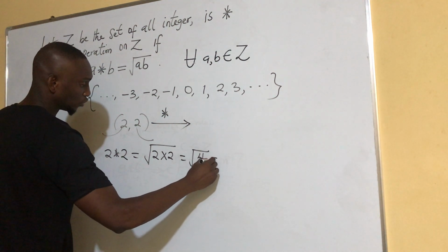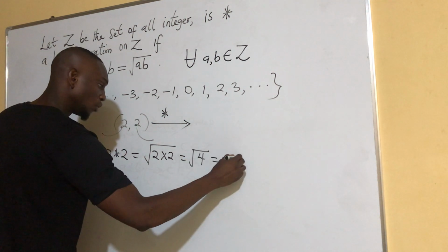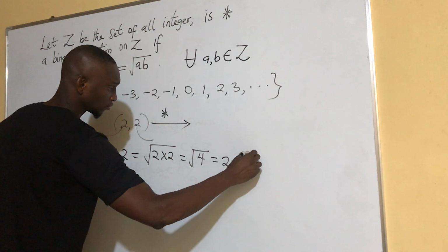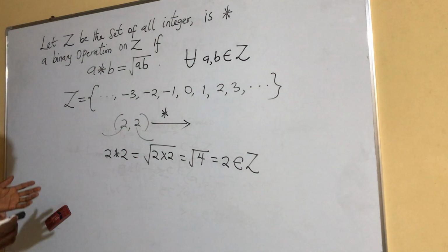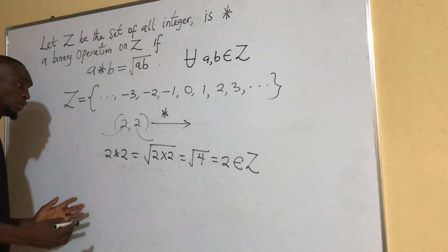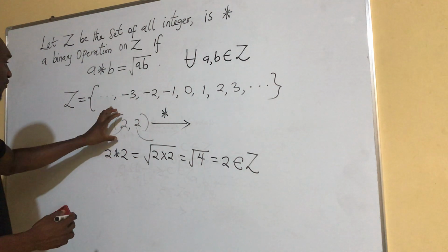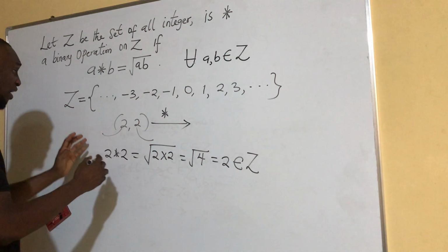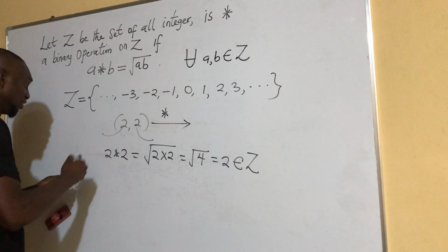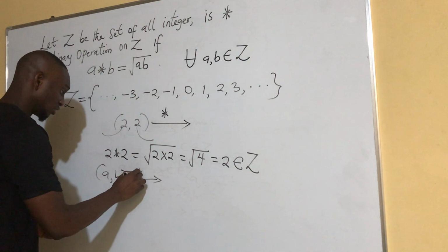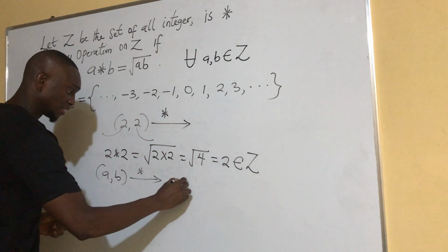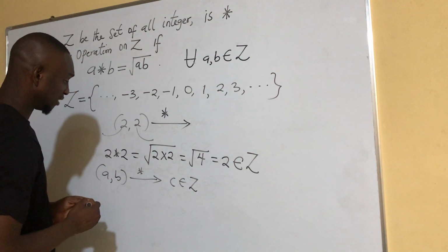And we know the root of 4 is equal to 2, which also belongs to the set of all integers. But let's check also if, for all pairs of elements in Z, this particular concept could drive it to C, where C belongs to Z.